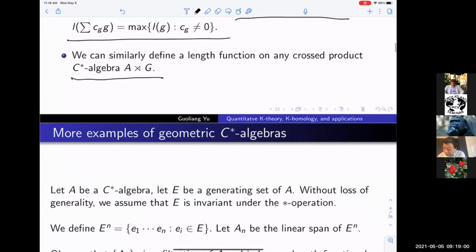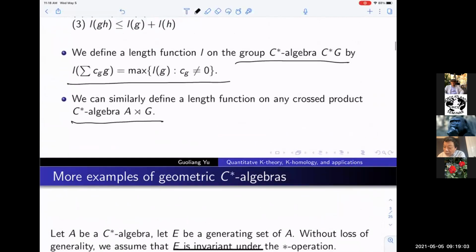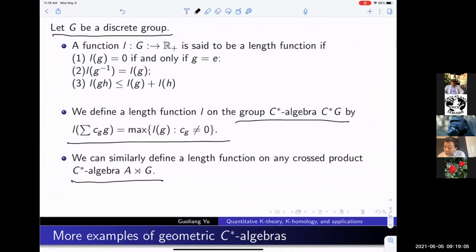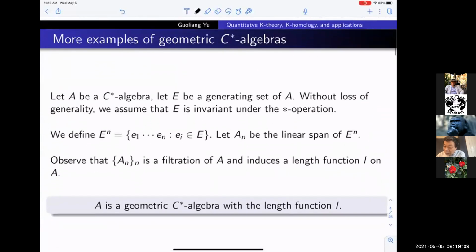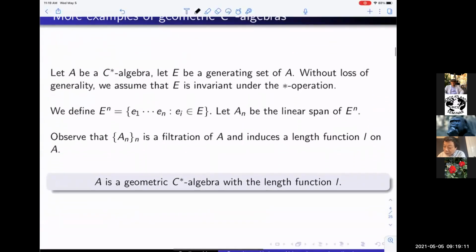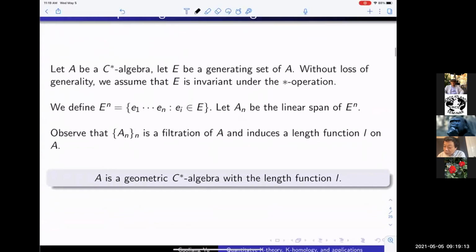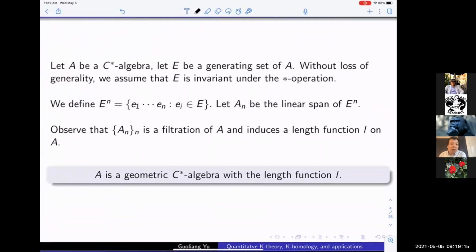Those are C*-algebras coming from geometry in some way, but what if you have just a general C*-algebra? You can always also put some kind of length function.